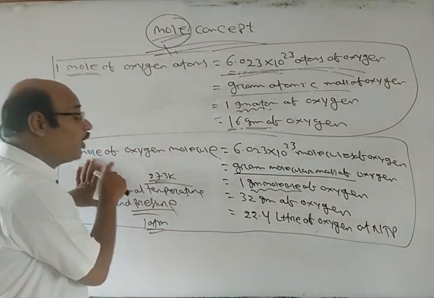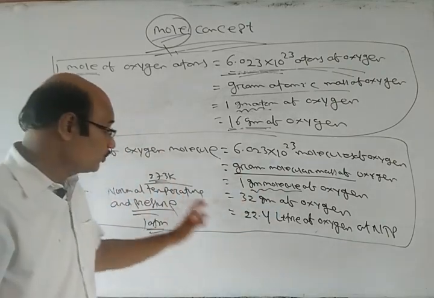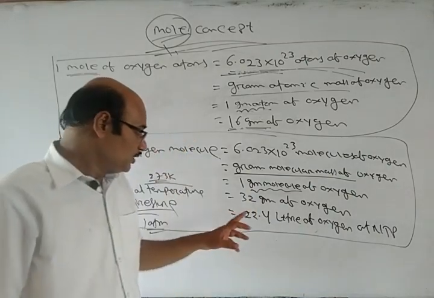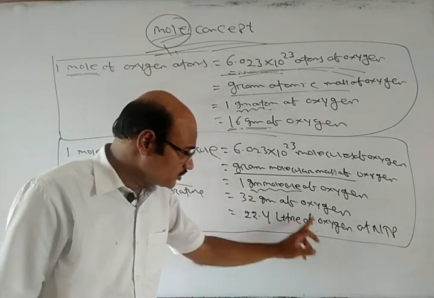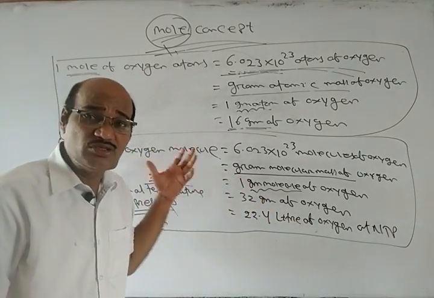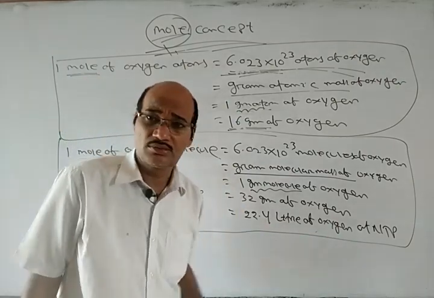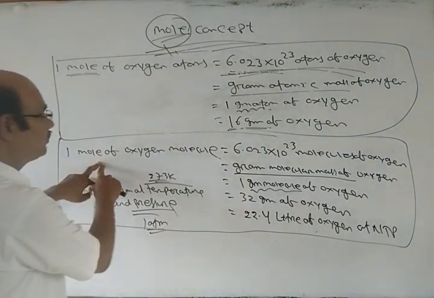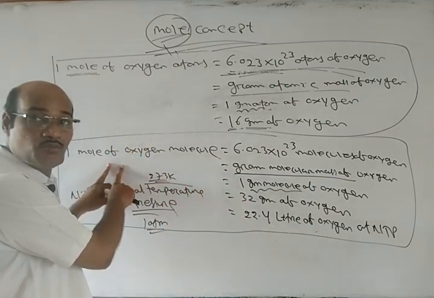If I ask you the volume of 10 moles of oxygen at NTP, 22.4 into 10, 224 liter. Similarly, we can also go from volume to mole. 22.4 liter of oxygen at NTP equals 1 mole. So what will be the number of moles of oxygen in 44.8 liter of oxygen? 2 moles is the answer. So I can do mole to volume, and also volume to mole.